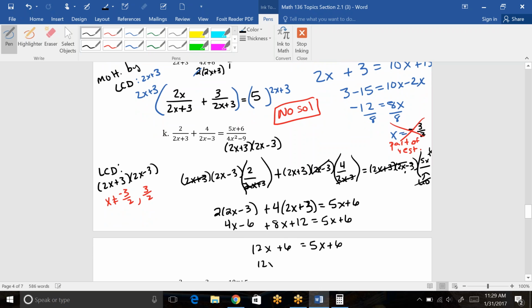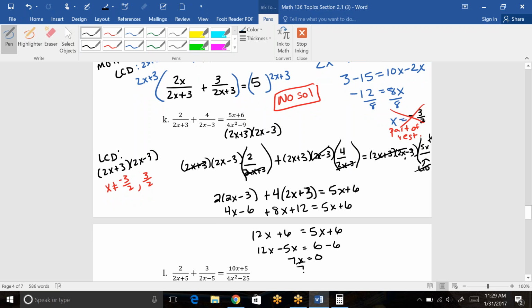Subtract over the 5x to the left, and subtract this 6 right here over to the right. That gives you 7x equals 0. That doesn't mean there's no solution. That means that if you divide by 7, 0 divided by 7 is 0. And since that's not one of those restricted values, this is the solution.